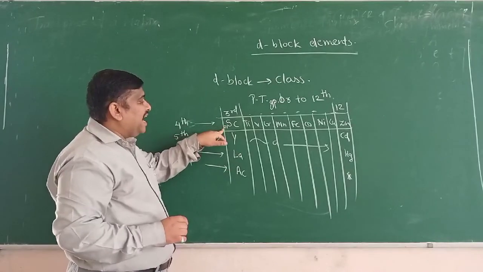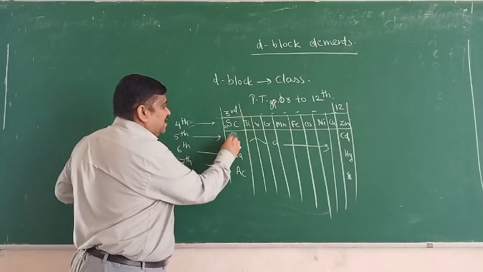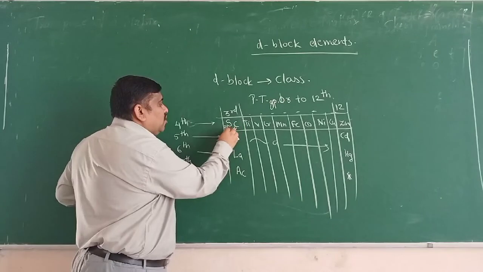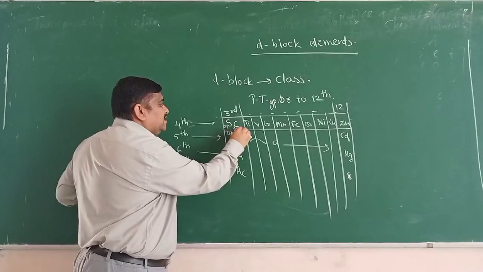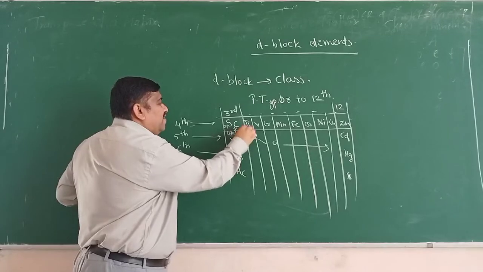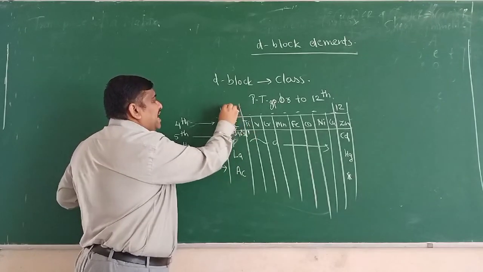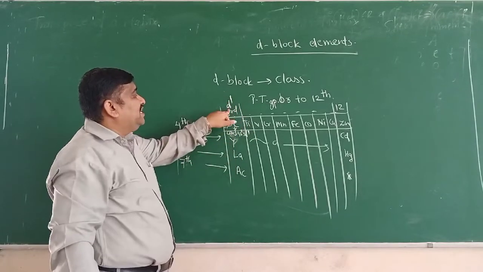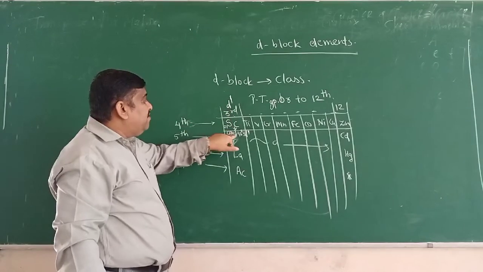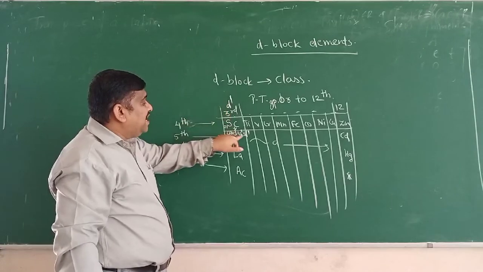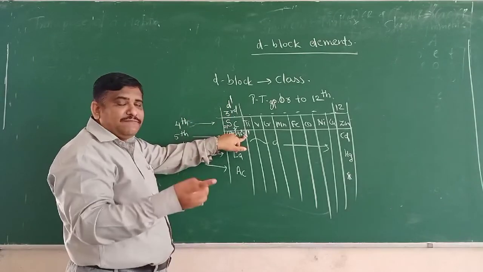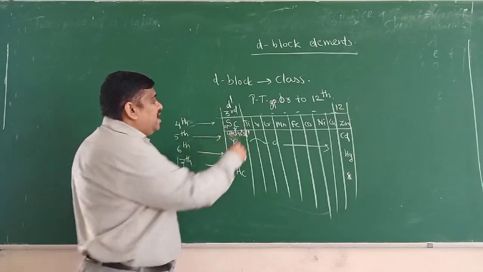The scandium electronic configuration is argon 4s2 3d1. So here you can see scandium has electronic configuration 3d1. It is present in the 4th period and has 3d1 in the d subshell.